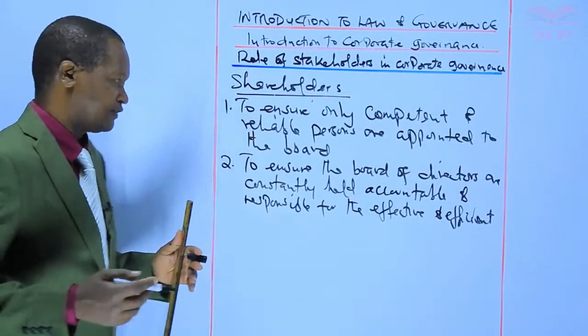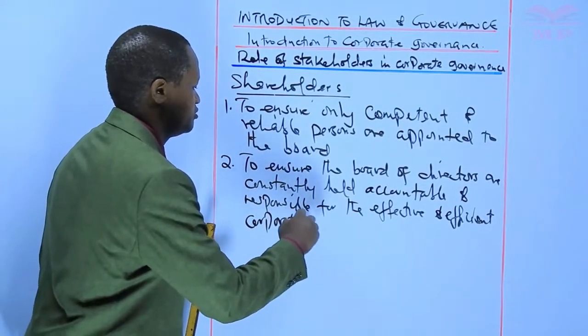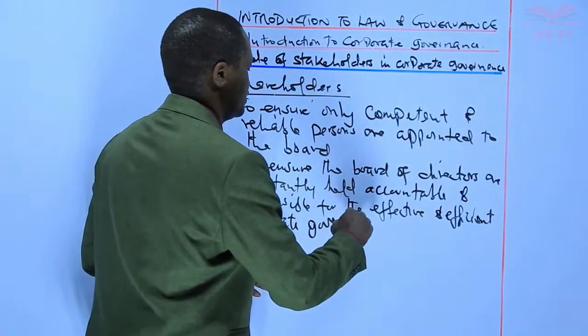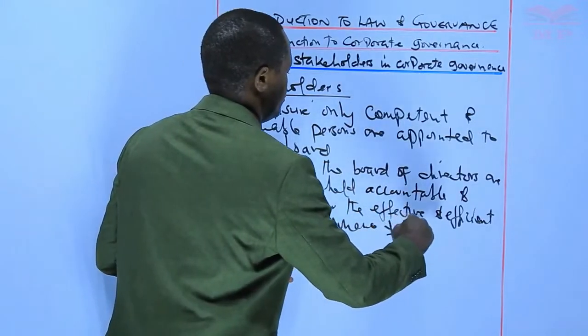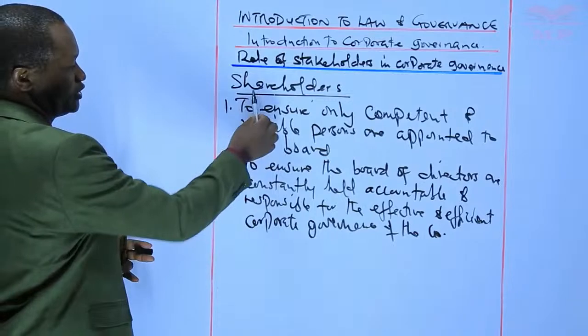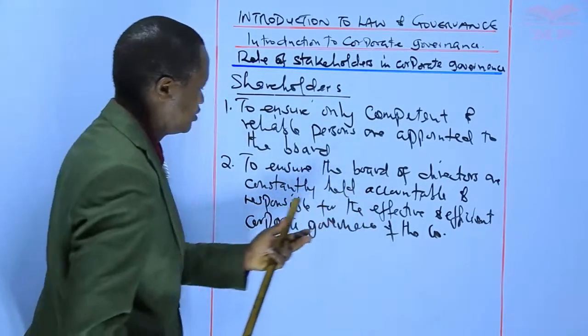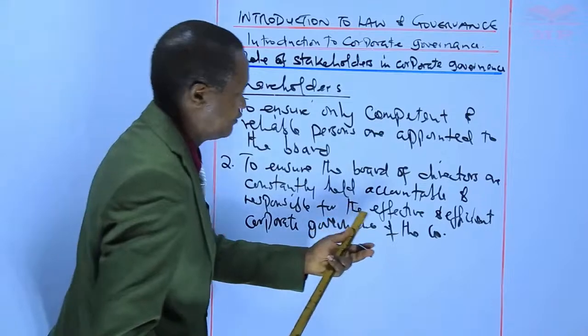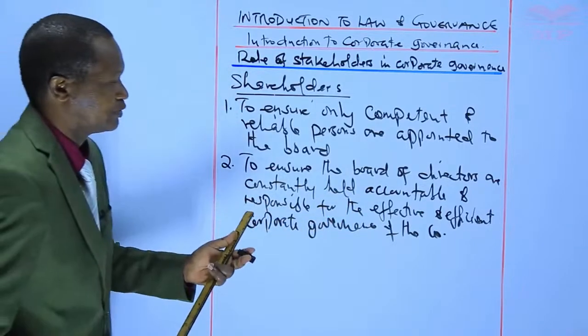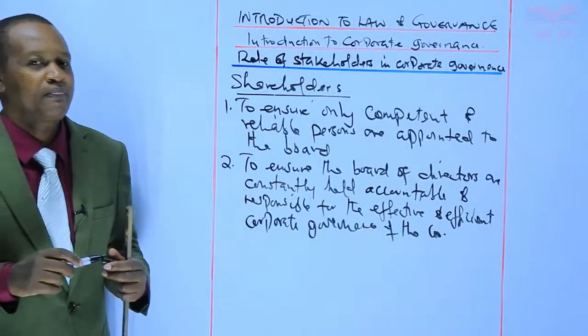Efficient corporate governance of the company. So the shareholders should ensure the board of directors are constantly held accountable and responsible for the efficient and effective corporate governance of the company. All right?